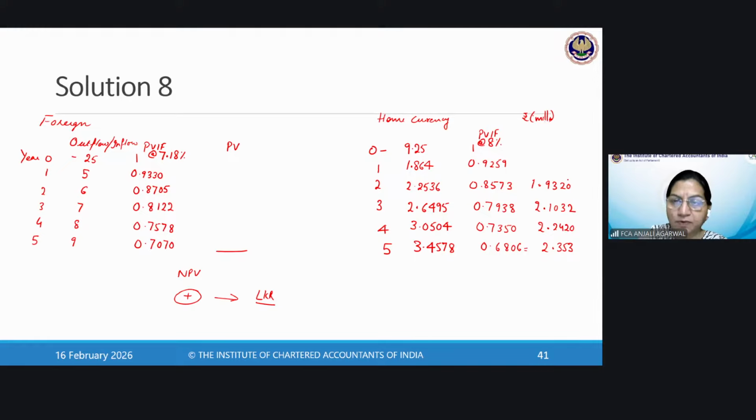So it is quite possible that what appears good in the foreign currency may turn down when you convert it into home currency.